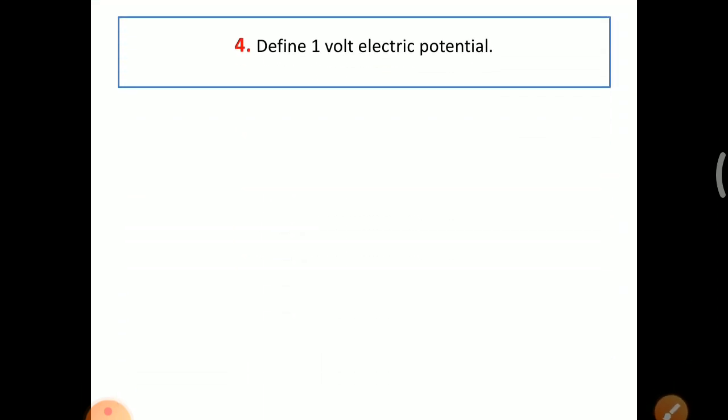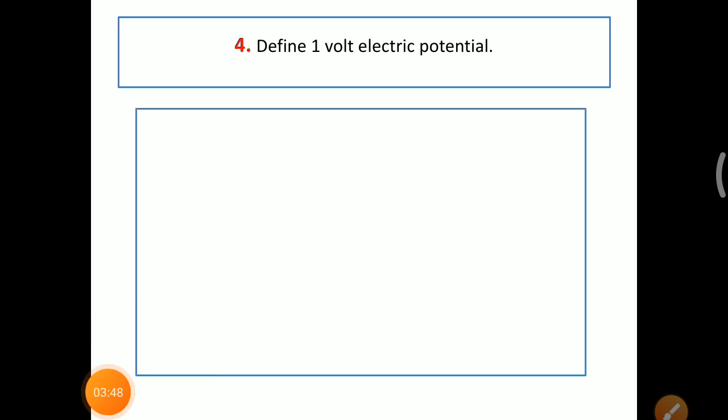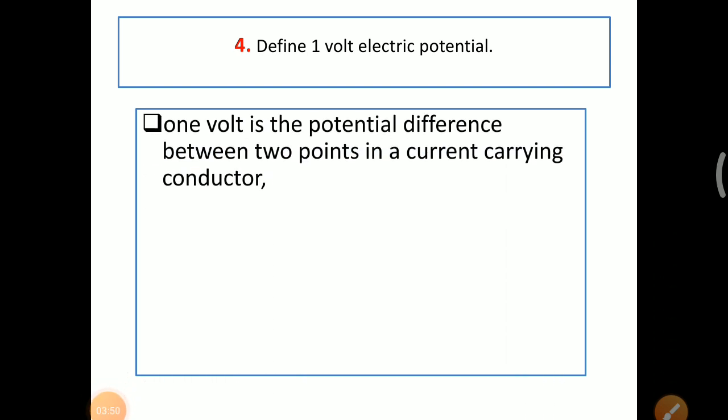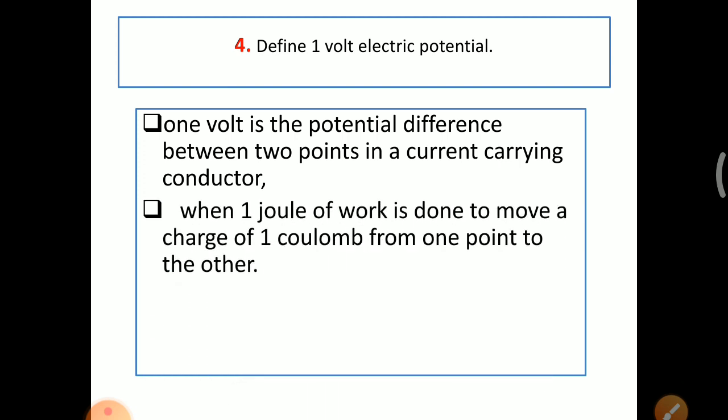The fourth question, define 1 volt electric potential. One volt is the potential difference between 2 points in a current carrying conductor when 1 joule of work is done to move a charge of 1 coulomb from one point to another point.